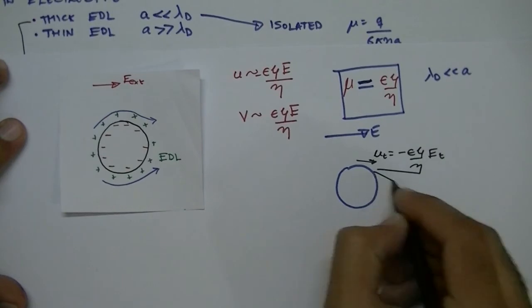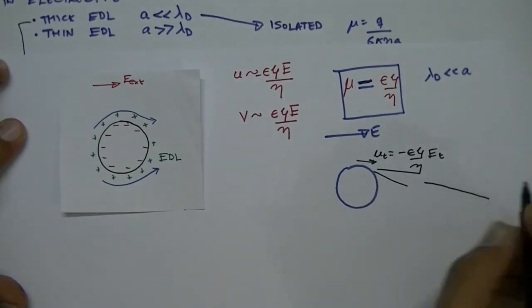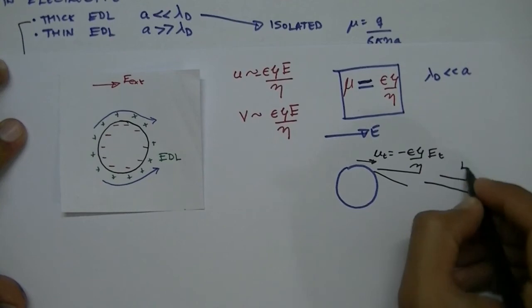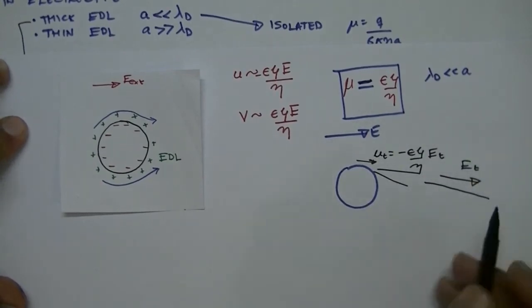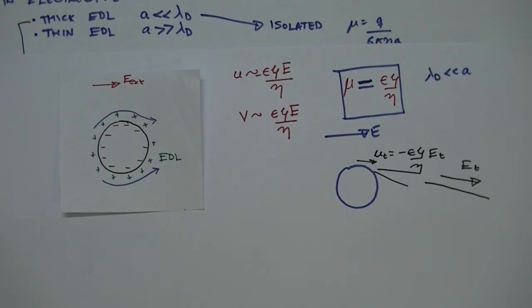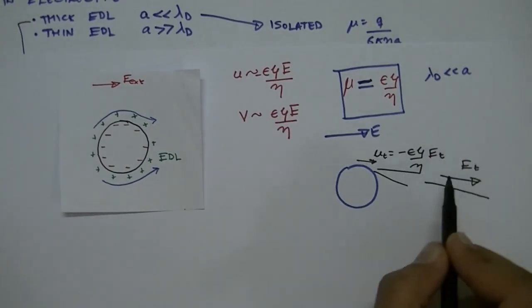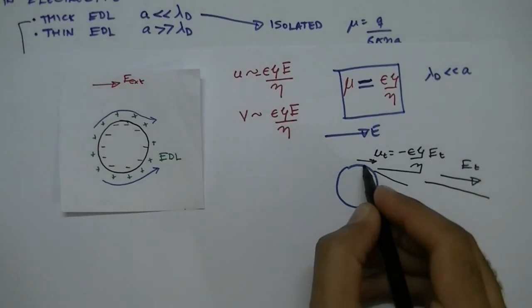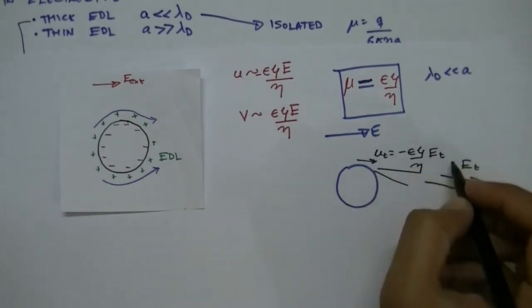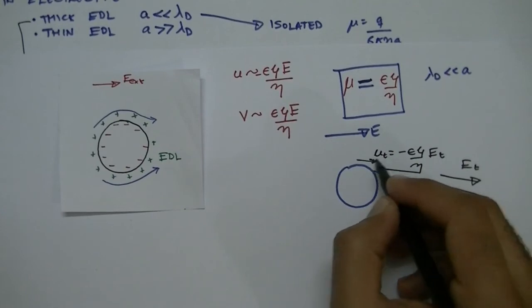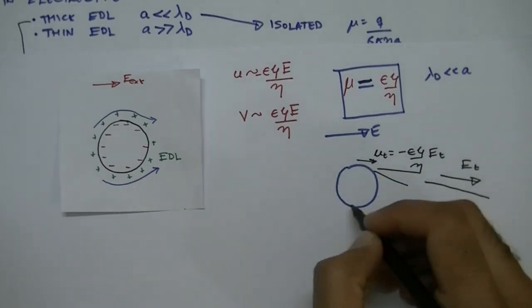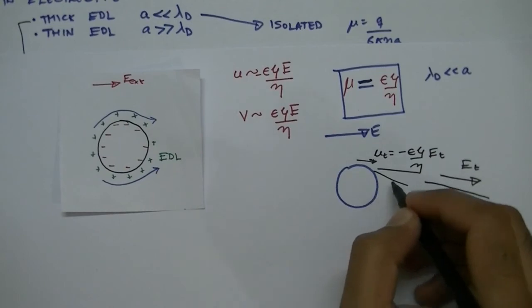If we zoom in into this region, we'll essentially have a flat surface because our curvature is very small and the EDL thickness is very small compared with the radius of curvature. So we can use the result for electro-osmotic flow over a flat plate locally at all these regions, and therefore we'll get this tangential velocity component at all points on the circumference of this particle.